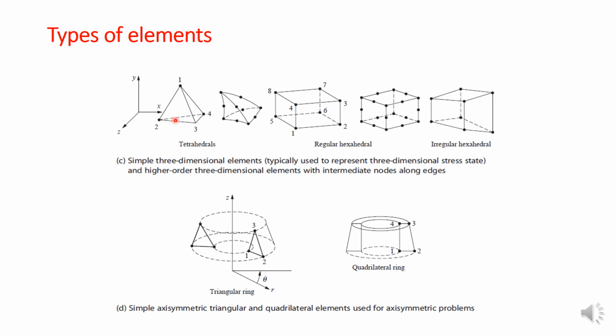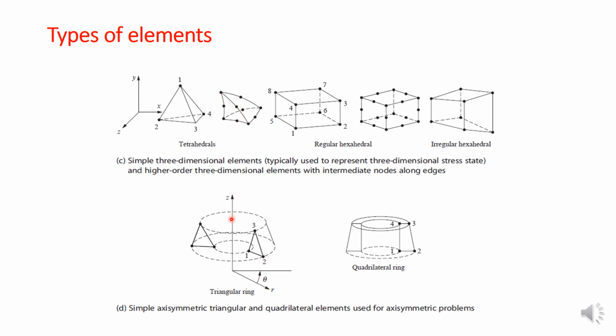Whereas higher order elements with mid-edge nodes have curved surfaces for their sides. For example, this is an example of a higher order tetrahedral element, and this is also an example of a higher order hexahedral element. So here we are having mid nodes on the sides, and here we have curved edges or curved surfaces.